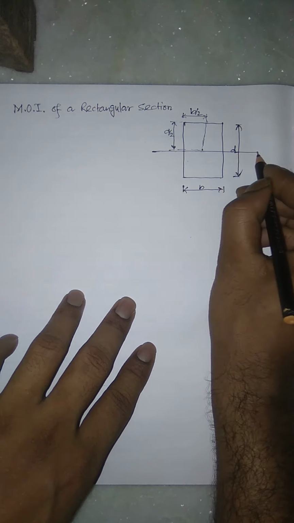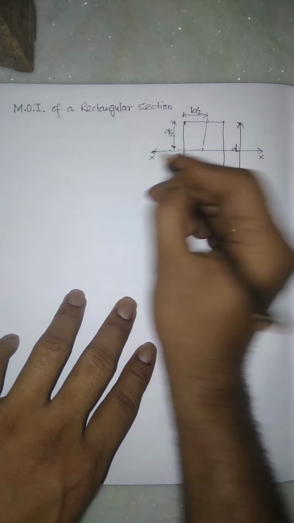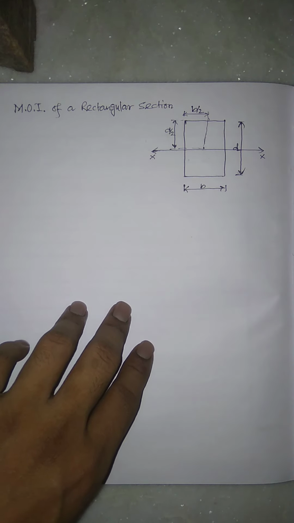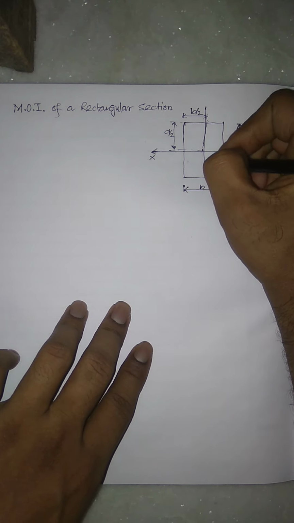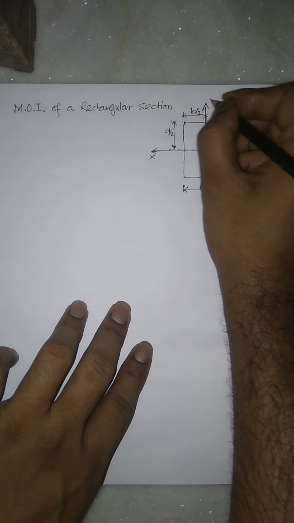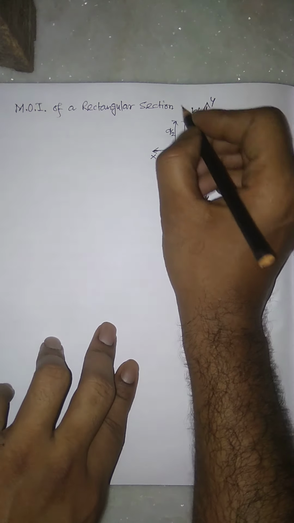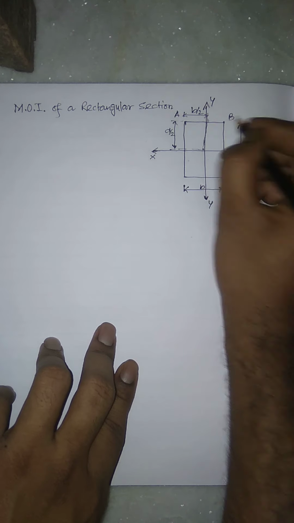So this is the x-axis, and this is the y-axis. The nomenclature is A, B, C, D.